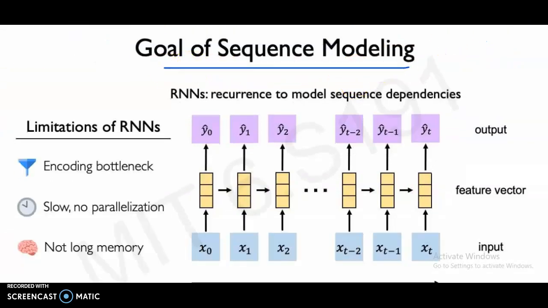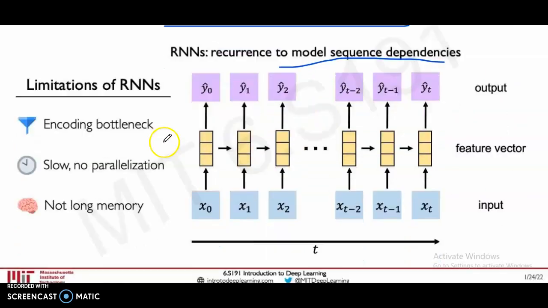Goal of sequence modeling: recurrence to model sequence dependencies. Limitations of RNNs: the same diagram at time t.